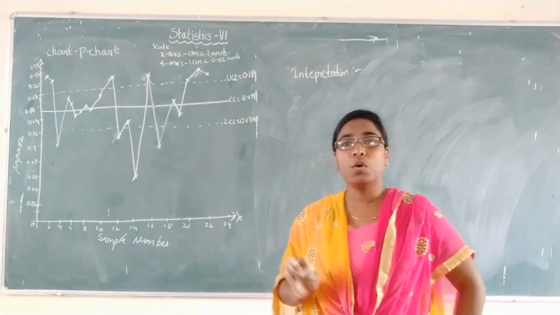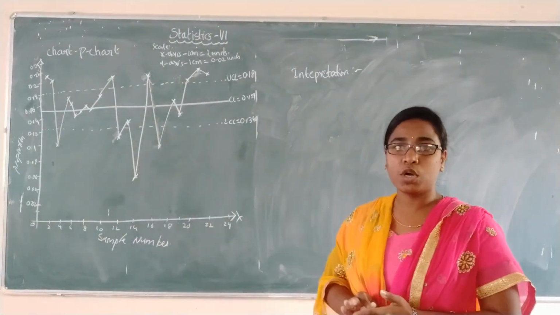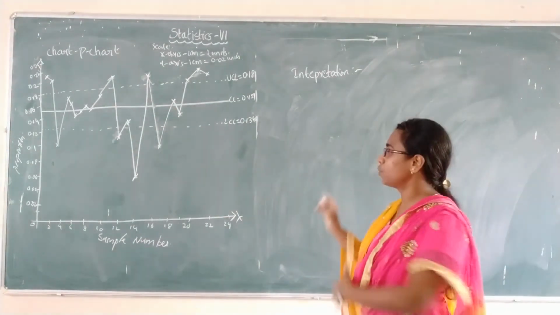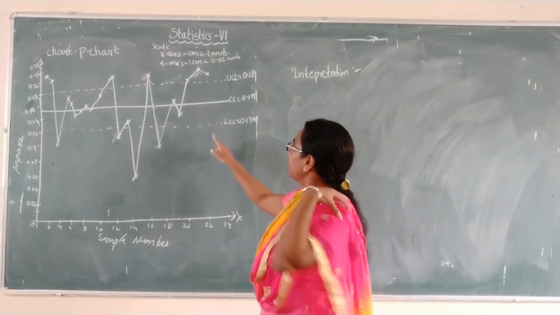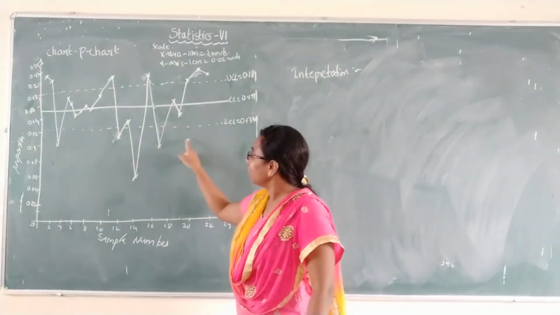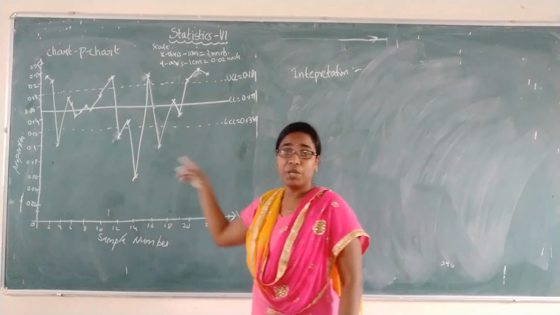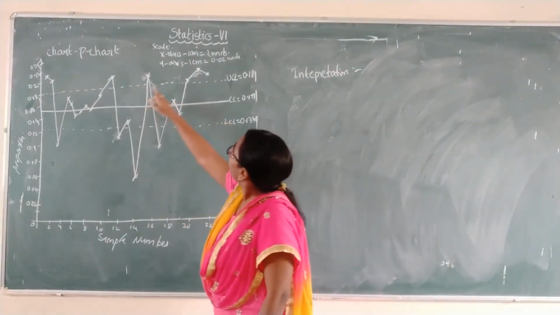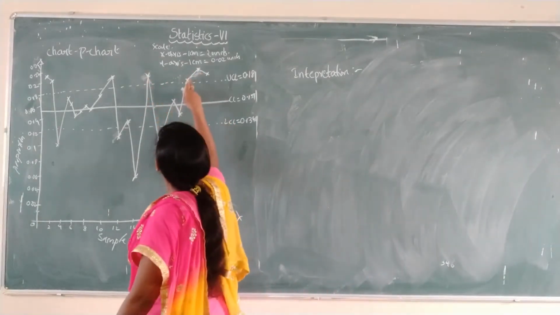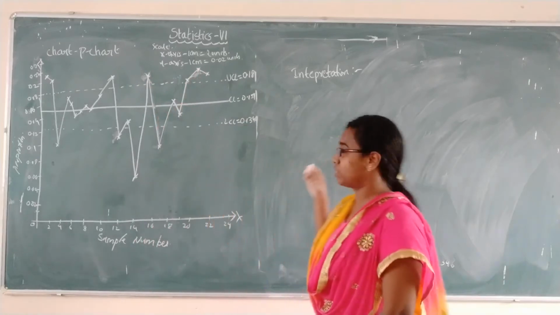Then we will see how many high spots and how many low spots we have. If you observe clearly, this is our LCL line. So there are 3 points below LCL and 5 points above UCL.